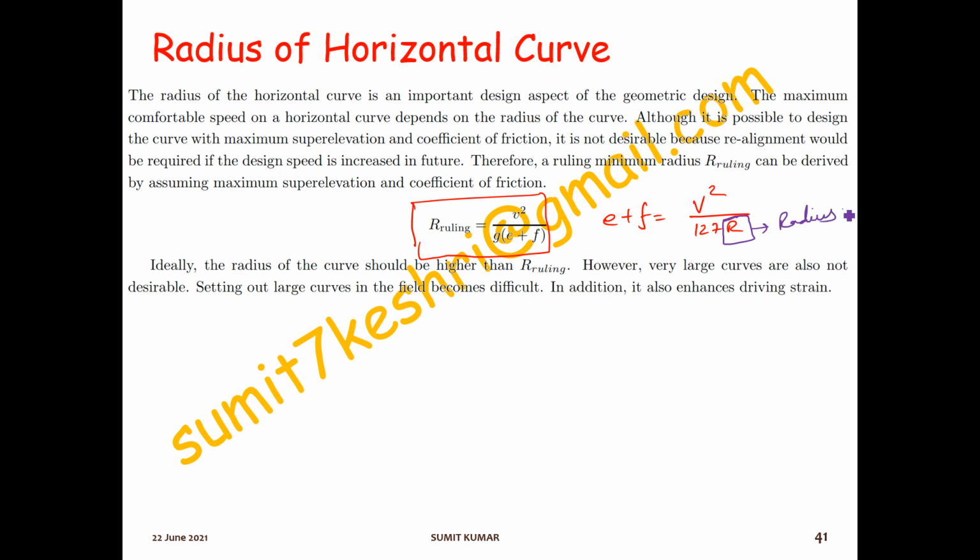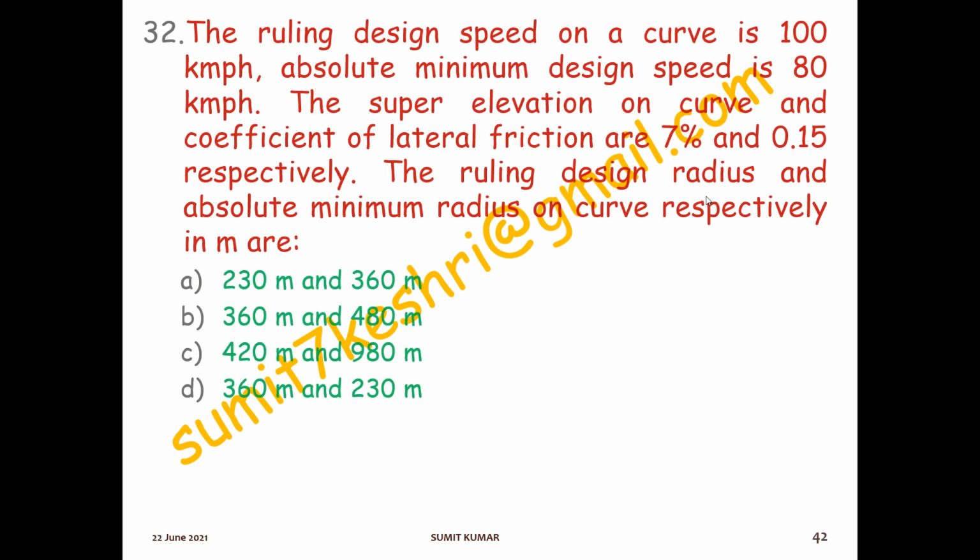So for a specific super elevation, friction, and velocity, if the values of e, f, and V are given in the question, we can compute this R. Whatever the values of e and f given, corresponding to that e and f, we can compute R.